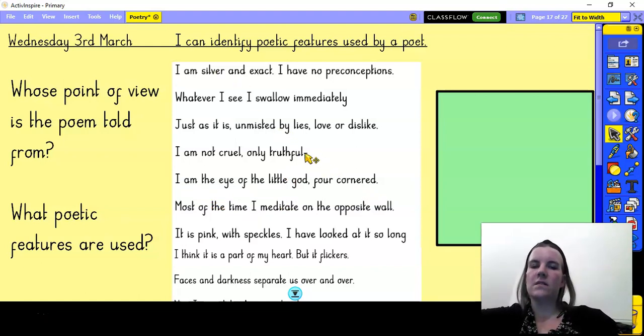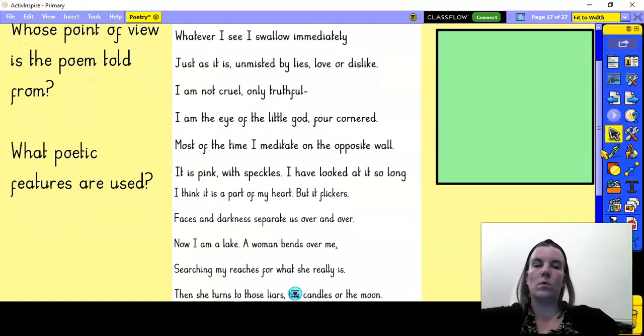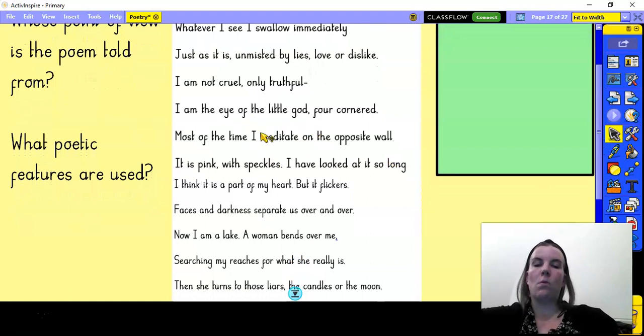Something that's silver, that has four corners, always tells the truth, seems to be able to look, have an eye of some sort. Most of the time I meditate on the opposite wall, so sit quietly on a wall.